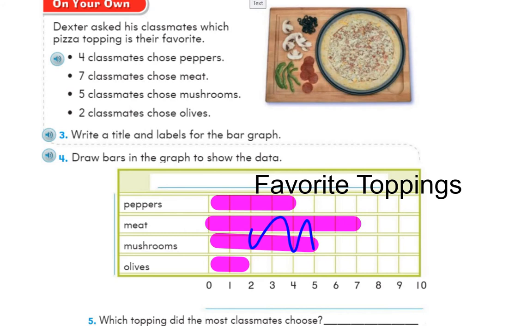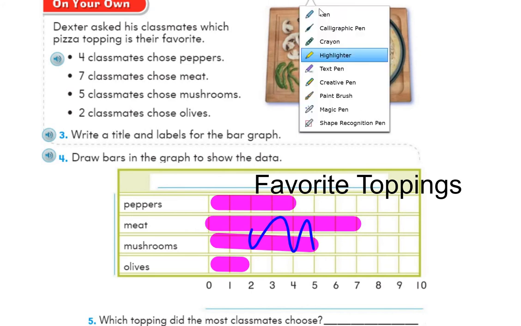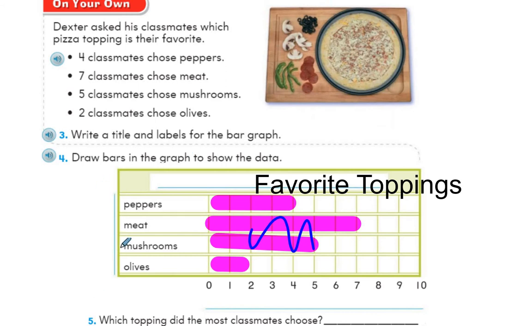Okay, so I don't think that I can get my computer to write sideways. But in order to, let me see here. These are the toppings right here, and these are the classmates, the number of classmates who chose these toppings.